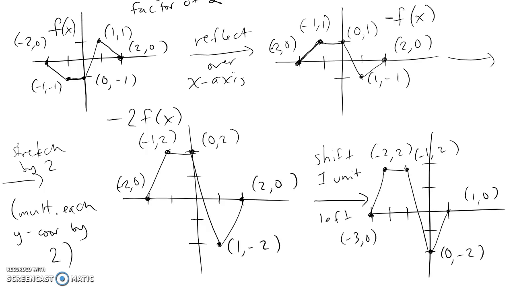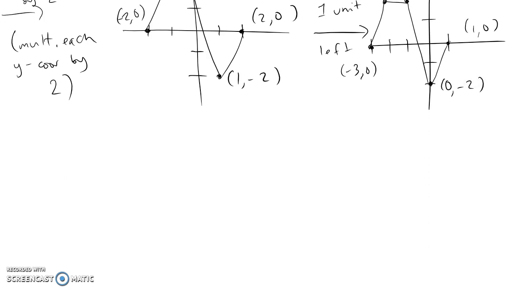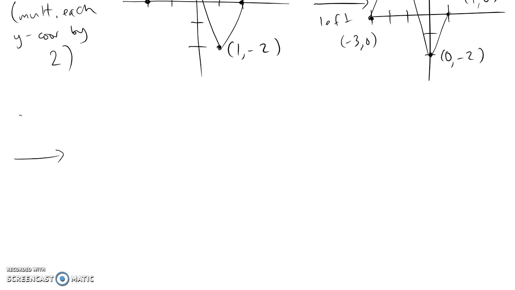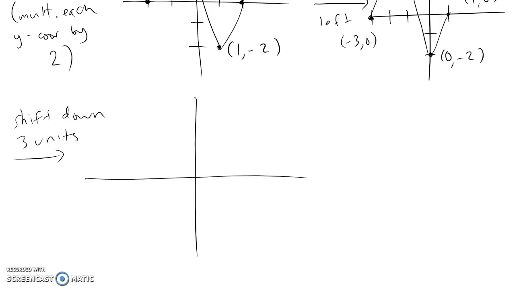Now the final transformation that's happening is that we are shifting down 3 units. So we'll take our last graph and shift everything down, which means we're going to subtract 3 from each y-coordinate.